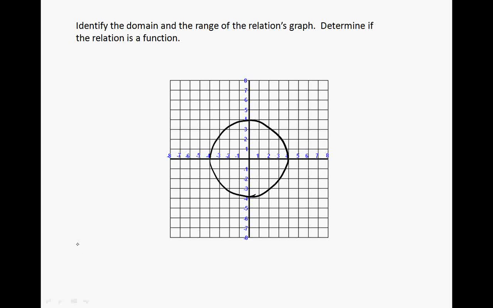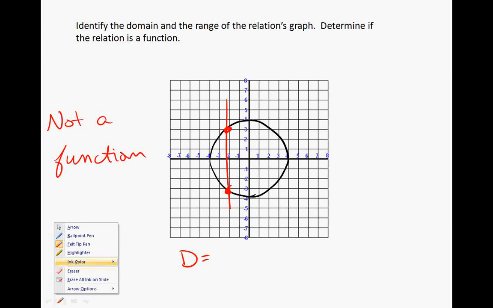Okay, so this is very obviously not a function. It fails the vertical line test. The domain, which is the set of all x values.